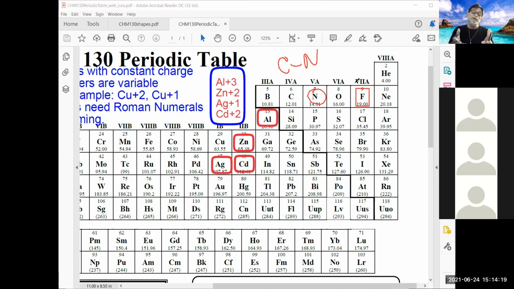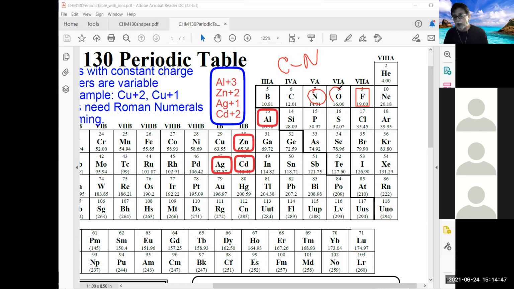Yes, all these elements have absolute values of electronegativity. Yes, if you want to memorize all of them, you go right ahead, that's fine. Or just remember, fluorine is the most electronegative, and the trend goes from left to right up, and from bottom to top, the electronegativity goes up. So using fluorine as my reference point, I can determine who's more electronegative.